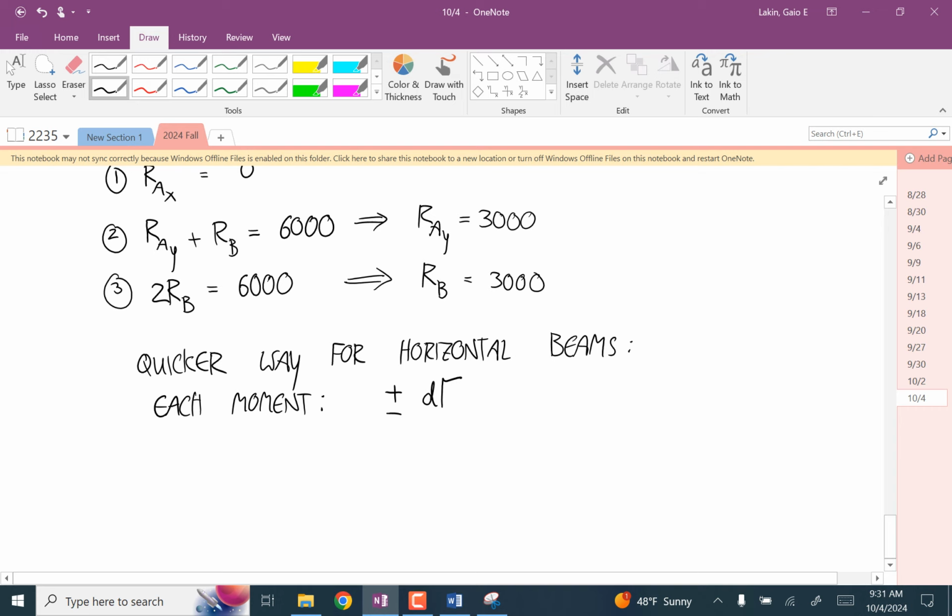And then that force, I guess we're only going to be thinking about the y components of forces. This is not a derivative. X components of forces aren't going to produce any moment along a horizontal beam.